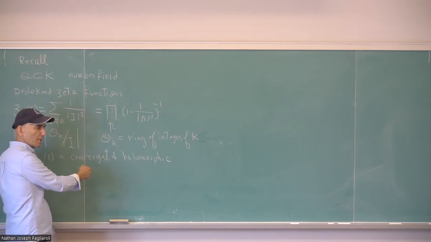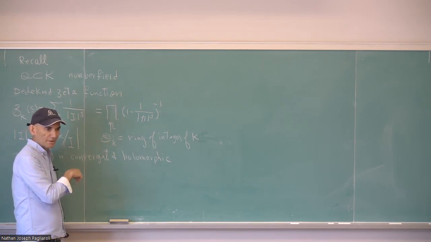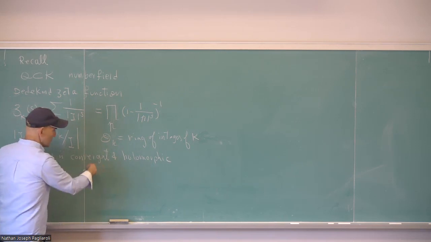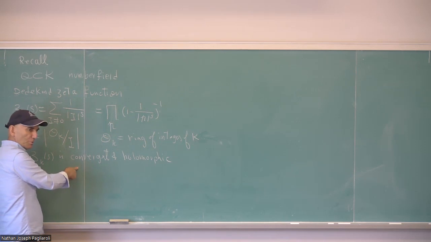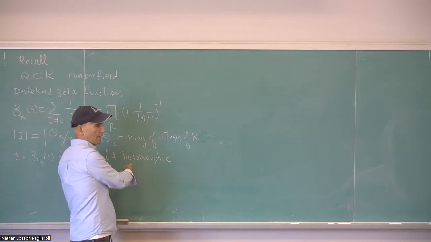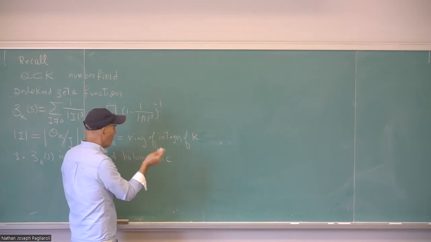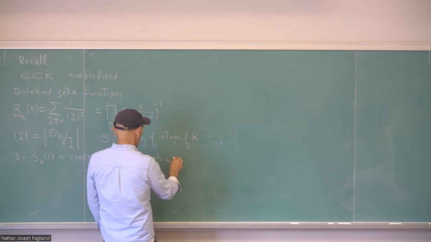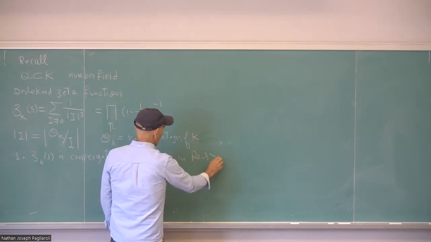If you write such a thing in a paper, the referee will cross this sentence out and say, corrected. Because when I say convergent, it means the series, but when I say holomorphic, I mean the function itself. So you understand what I mean.